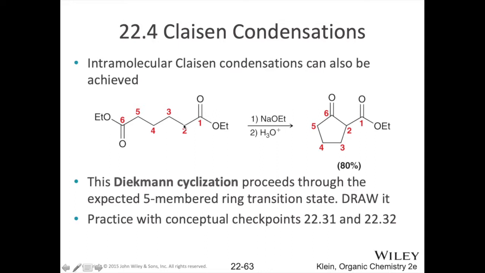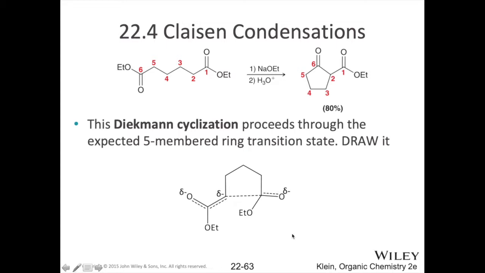So that makes a 1, 2, 3, 4, 5 membered ring that we see over here. Okay. In situations like this, it's often very useful just to number the carbons just to keep track of everything. I highly recommend that. You can see here how easy it is to figure out where your different groups are on your product. The name for this intramolecular ring-forming Claisen condensation is called a Dieckmann cyclization.